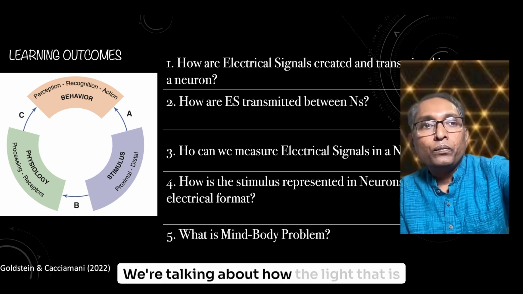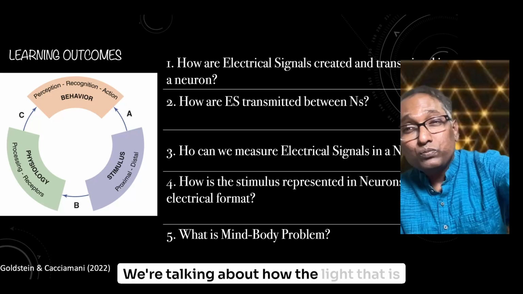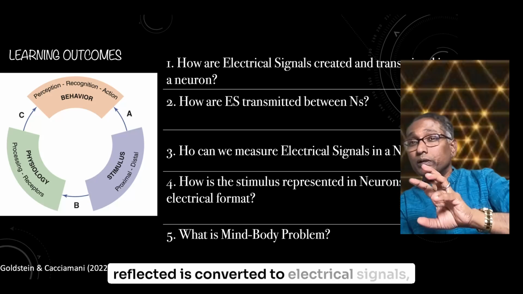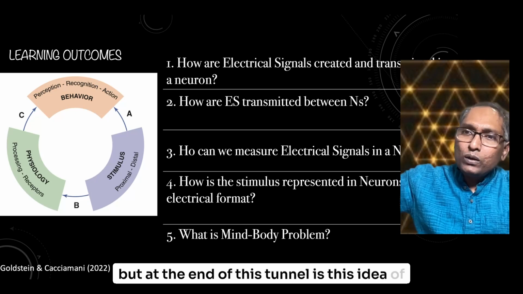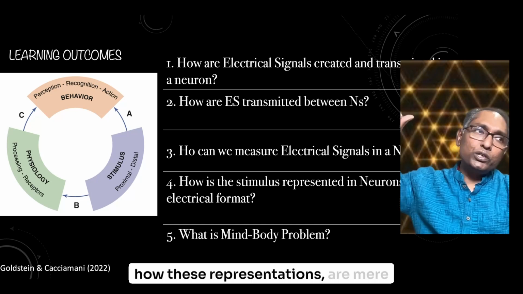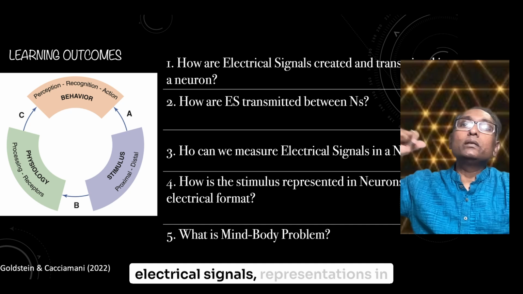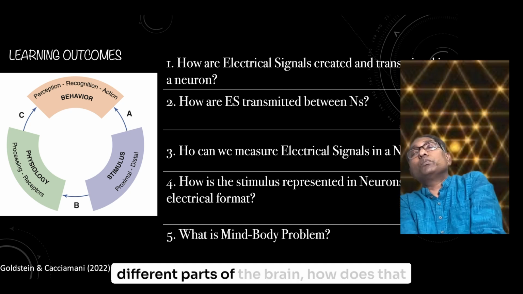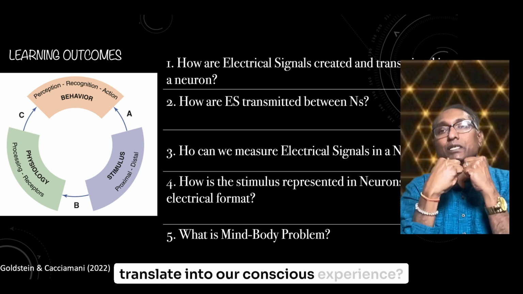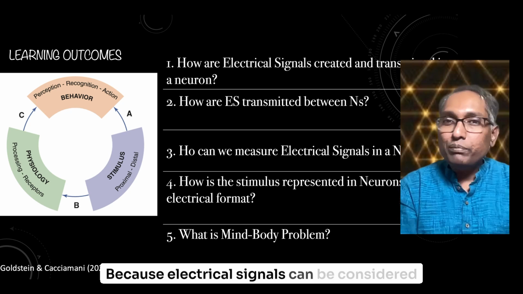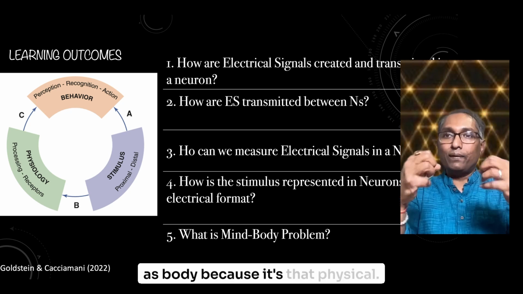We're talking about how the light that is reflected is converted to electrical signals, but at the end of this tunnel is the idea of how these representations, which are mere electrical signals in different parts of the brain, translate into our conscious experience. Electrical signals can be considered as body because they are physical.